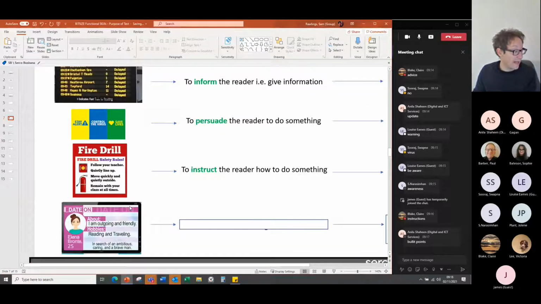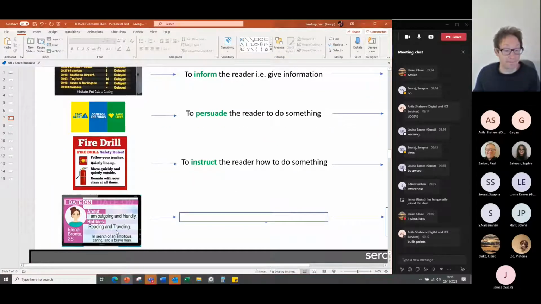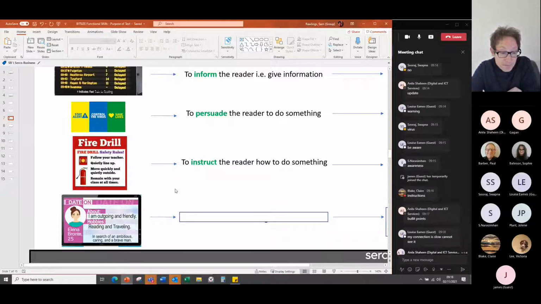What are we looking at here? So what is this? You can't see it. Oh dear. Let's see if anyone else can.